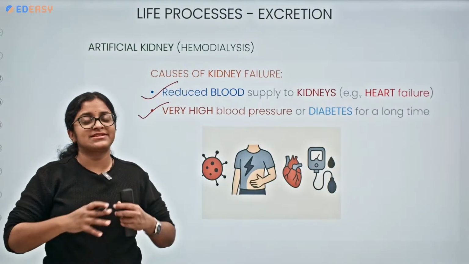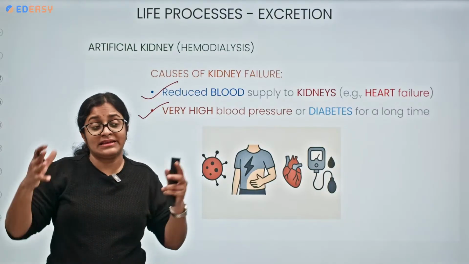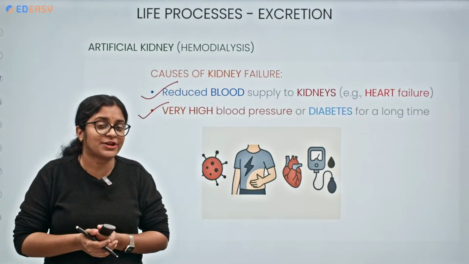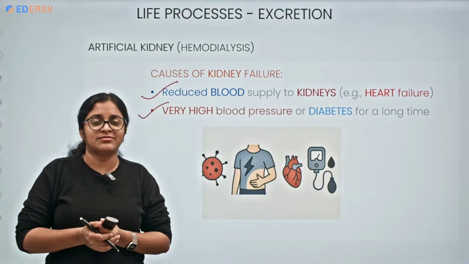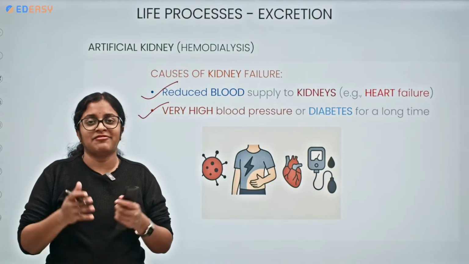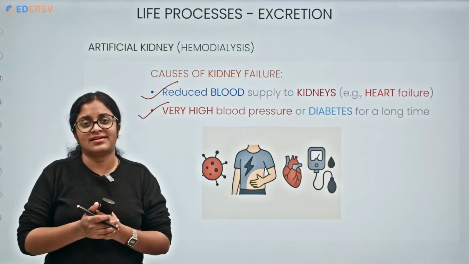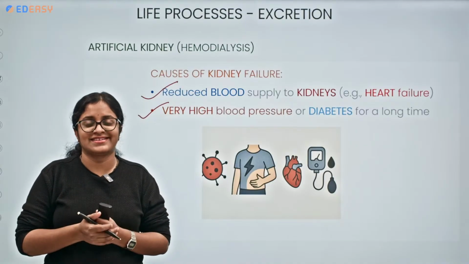So what happens if the kidneys are not able to function properly? Toxicity builds up. Eventually, if the scenario worsens, it might also lead to the death of a person. Yes, definitely.